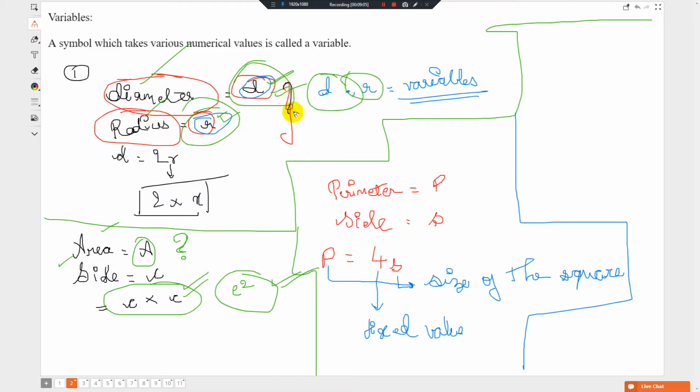Diameter d and radius r are variables. Which has a fixed value, and which doesn't? The 2 is fixed.